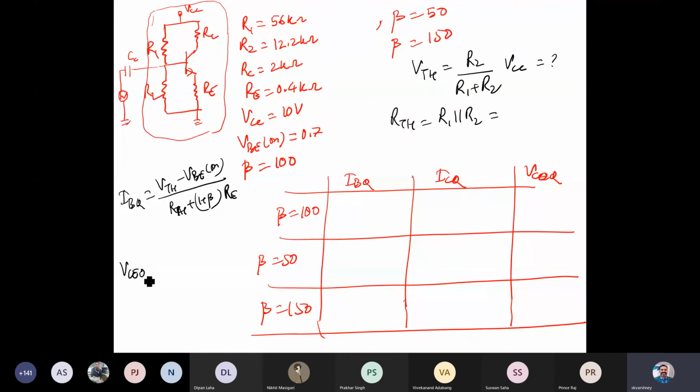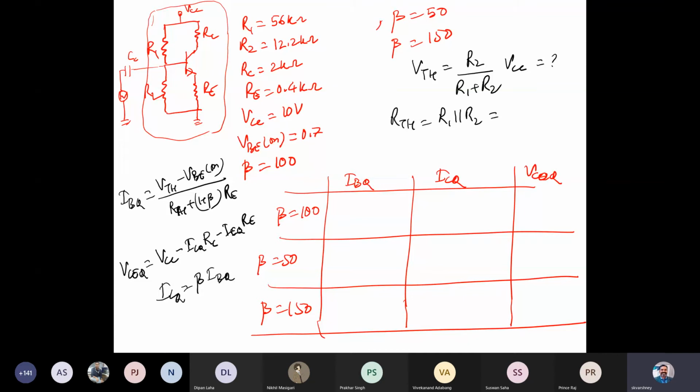And the VCEQ would be simply VCC minus ICQ RC minus IEQ RE, right? And you need ICQ. Once we have the IBQ, you can find ICQ simply as beta into IBQ, right? So you need to estimate.